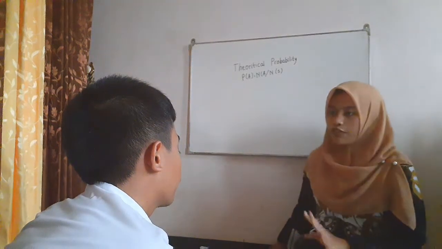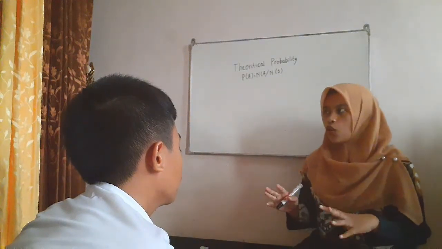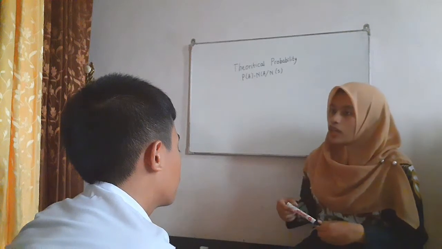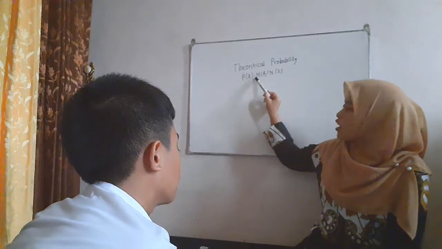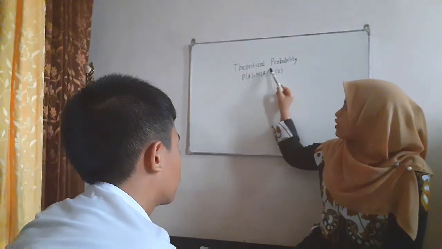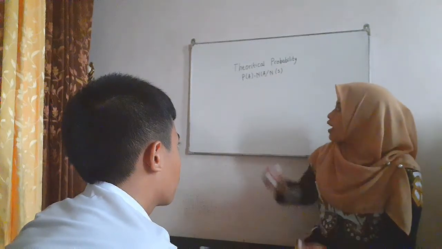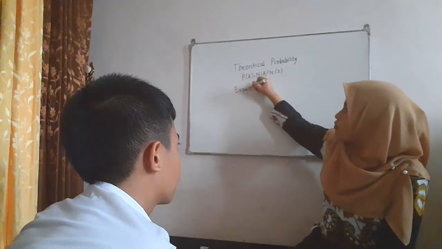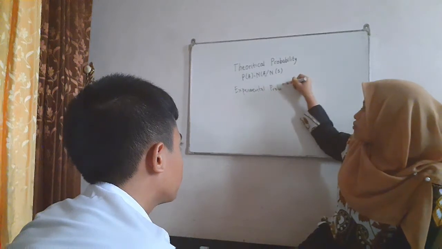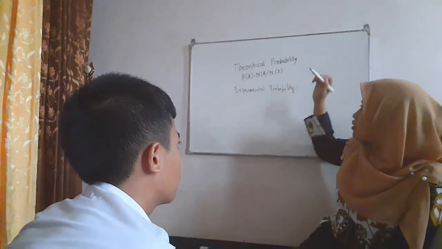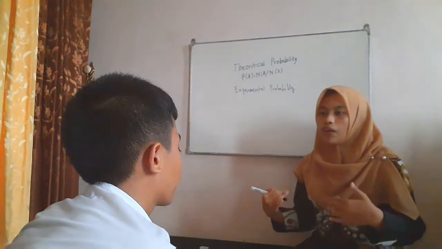Okay, so I'll review again. Theoretical probability is about the prediction. We calculate it with the math formula, which is P(A), the theoretical probability, equal to the number of events over the number of all possible outcomes. And the experimental probability is about the probability that we get from an experiment.